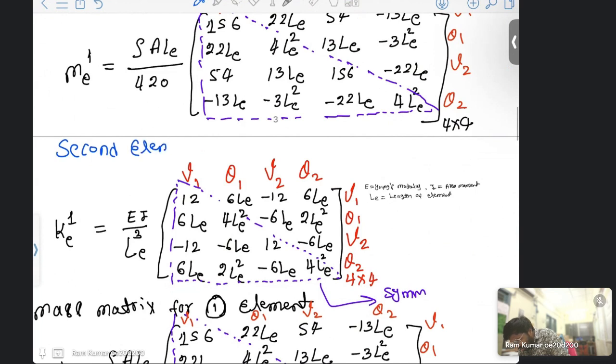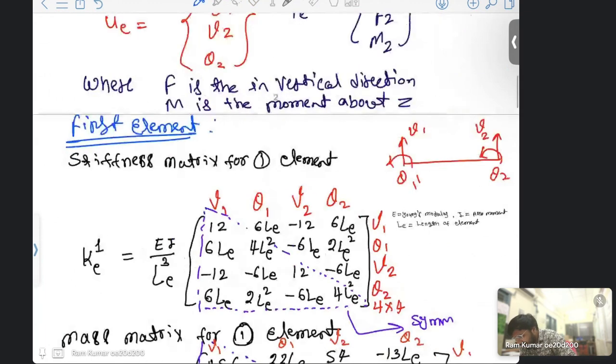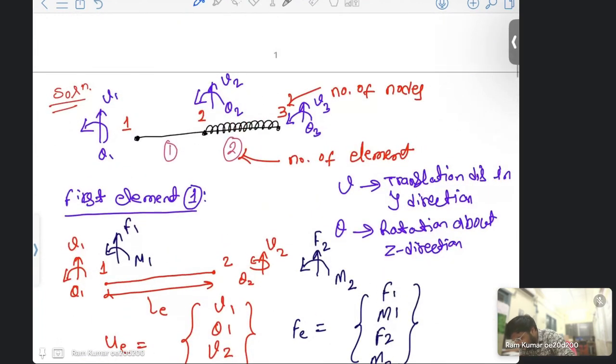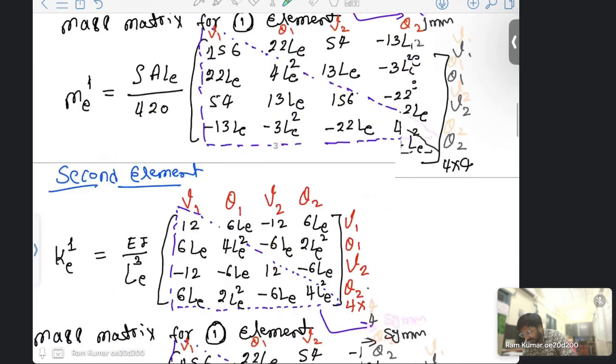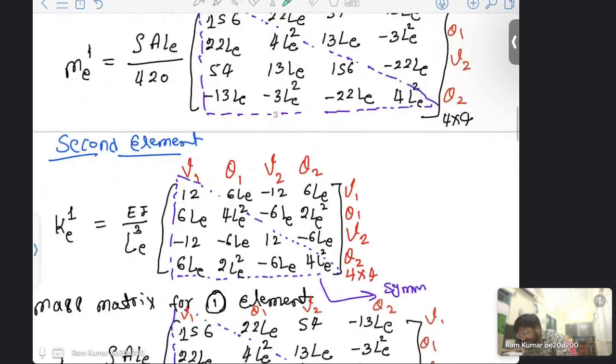But what we have to remember here, for the second element, we have a different degree of freedom. So I will draw, because this is our second element. It has theta 2, B2, B3 and theta 3. So that one we have to update here. So we have to remove this one.